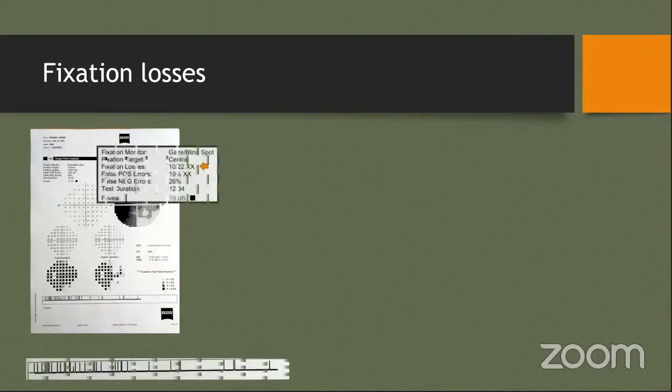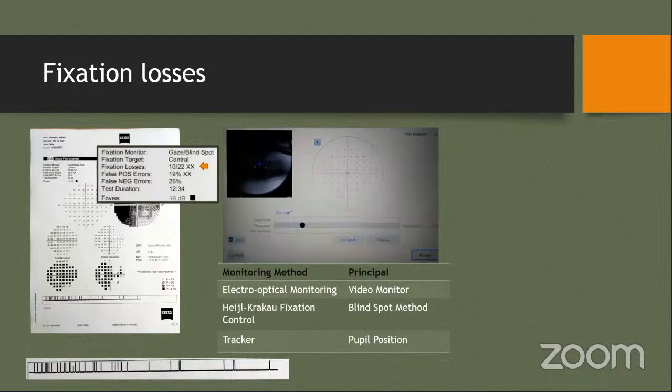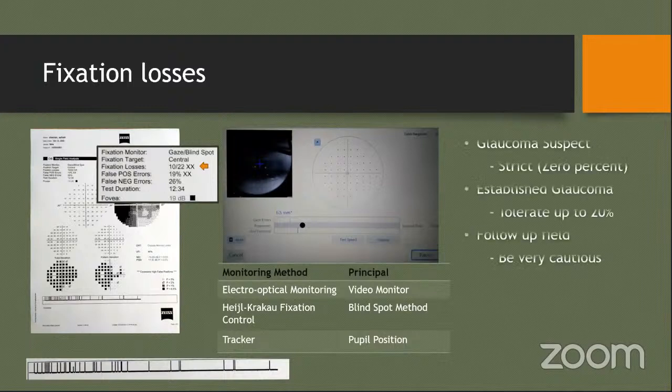Fixation loss also comes with a flag message, or we can see it in the upshoots in the gaze tracker in the lower part of the field. This can be easily controlled, and machines provide different methods which are technician based, or if the patient still has a lot of fixation loss, then good education before the test can help to improve the visual field outcome.